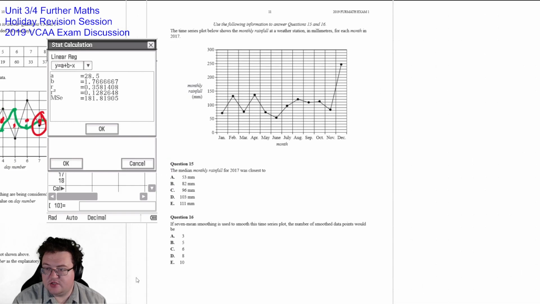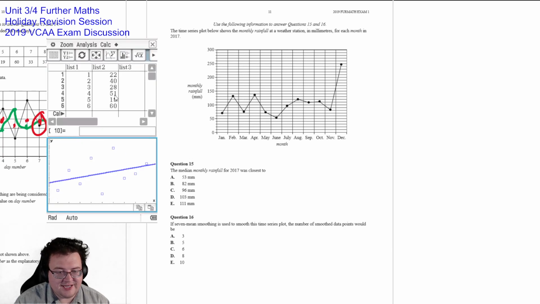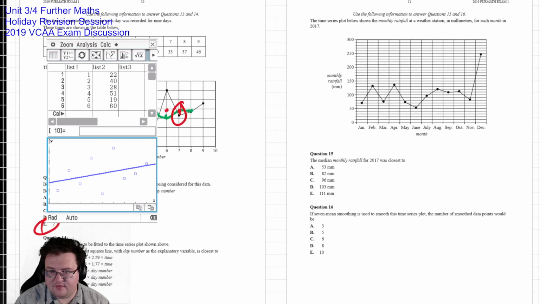Time series plot shows the monthly rainfall at a weather station in millimeters for each month in 2017. Speaking of rain, how did I put the numbers for the y-axis? That is an excellent question.